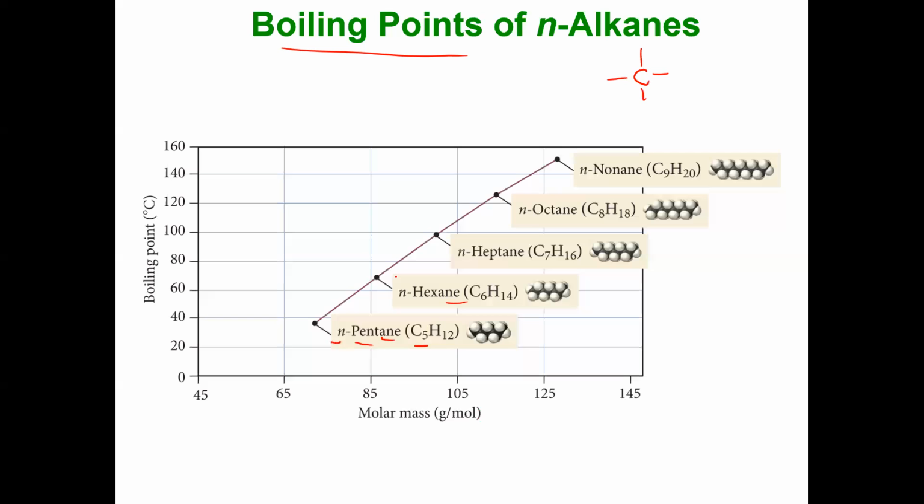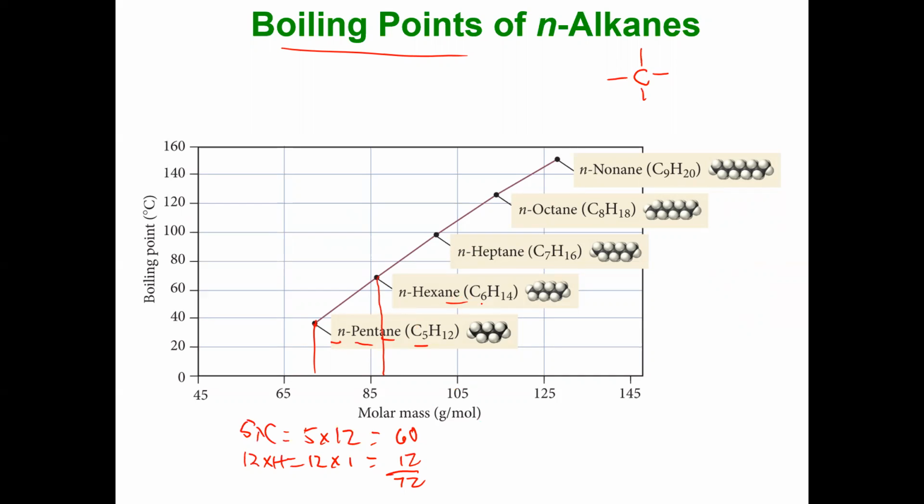C6H14, hexane, has a larger molar mass because essentially I'm adding a CH2, so it goes up by 14. I can actually calculate: C5 has 5 carbons, each 12, and 12 hydrogens, each 1, so 5 times 12 is 60, plus 12, the molar mass is 72. That's why it's right here, roughly 72. The next one, you add 14, is 86, and that's why it's right there.